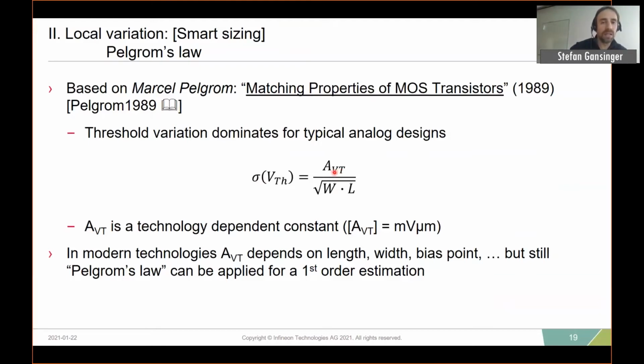So it could be that this constant is different for transistors which operate in weak inversion compared to transistors which operate in strong inversion. But still, for first order approximation, this is still valid, and it's quite helpful because with this you can even do some hand calculations, so first order estimations in your circuit about the matching.